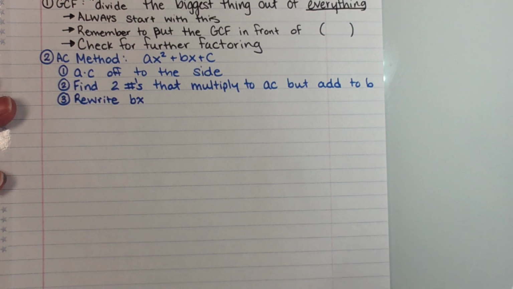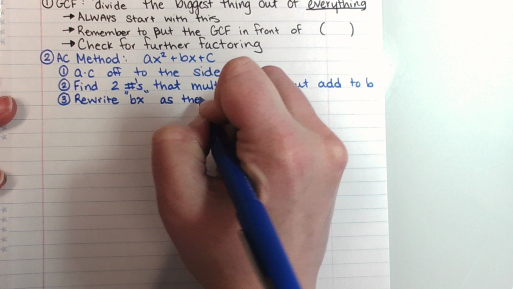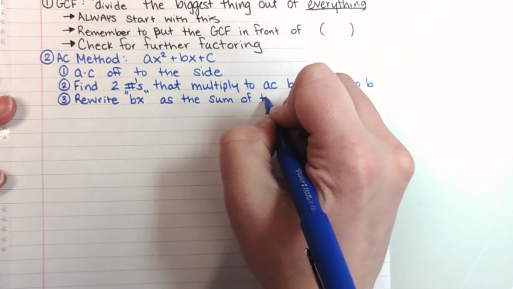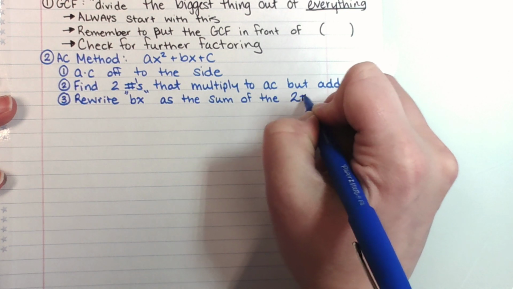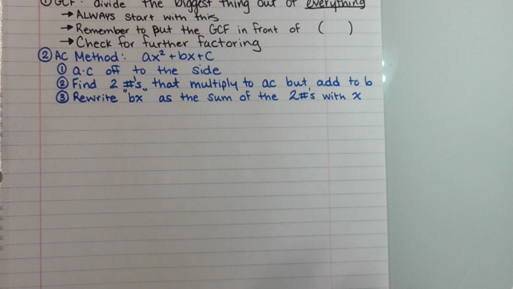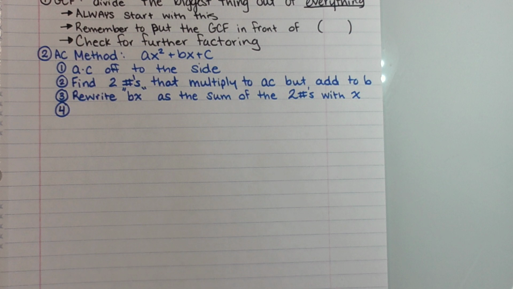You rewrite the bx term as the sum of the two numbers you found with x on them, or whatever variable it is in the problem. Just use an x as reference. When you do this, you will have 4 terms in your polynomial now. Do not combine them. You are undoing your work.